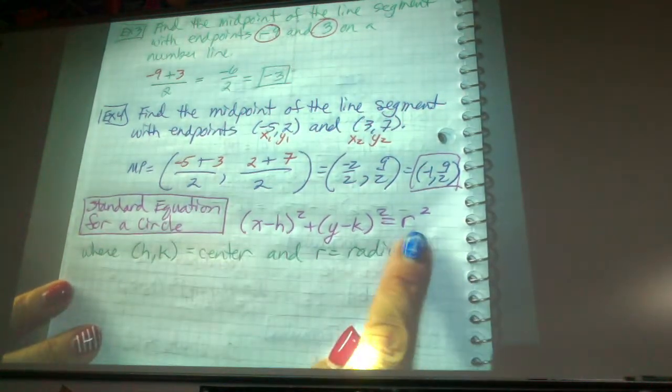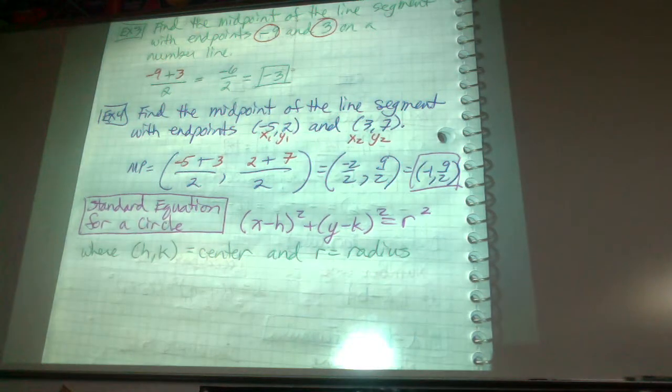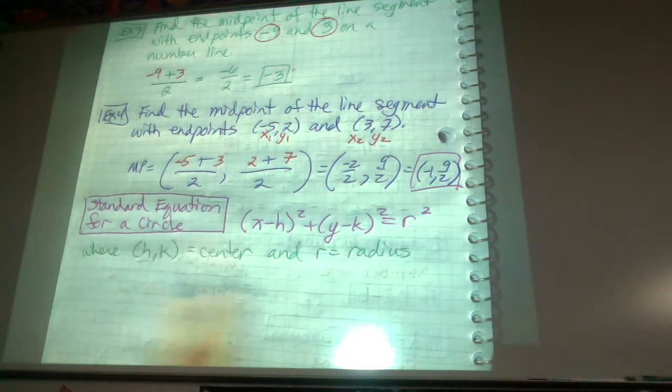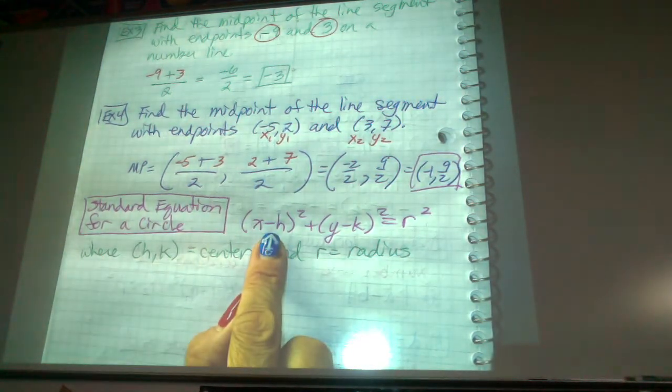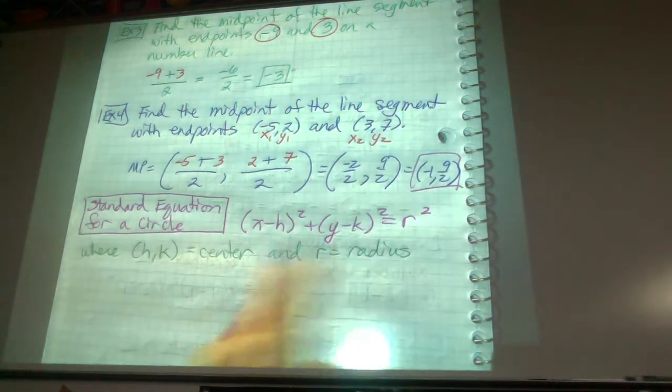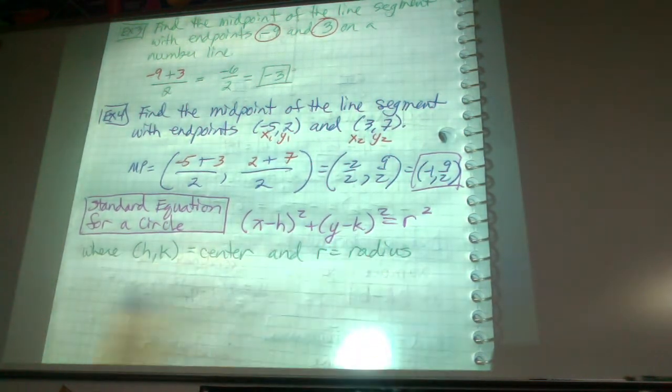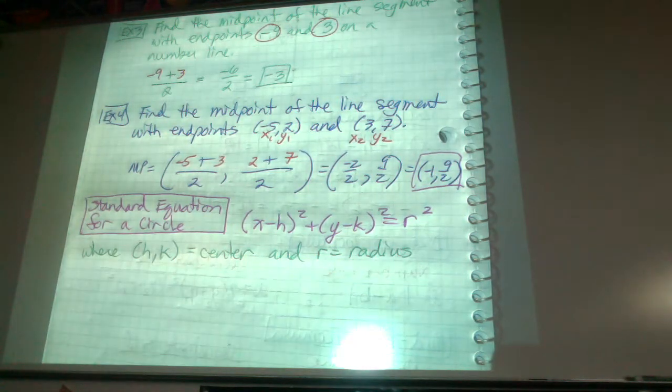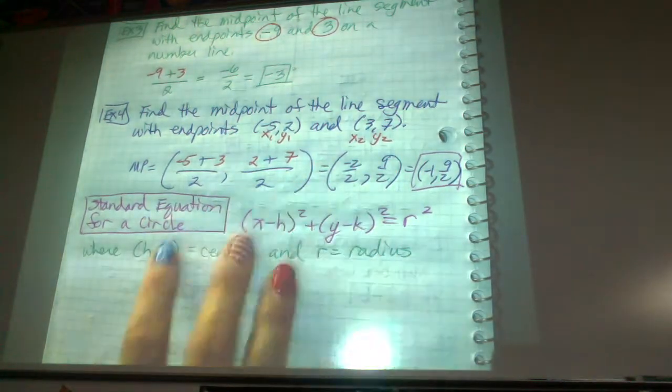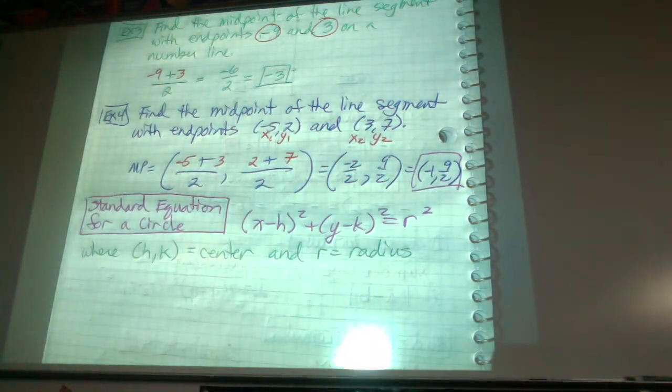So if you take the square root of this, you'll have the radius. And then notice that (h, k) is the opposite signs of here. This is negative h and negative k. So if you take the opposite signs of the numbers that are being added or subtracted to x and y, that becomes the center of the circle. So you have to be able to go forwards and backwards with this. We've got several questions that have you do that.